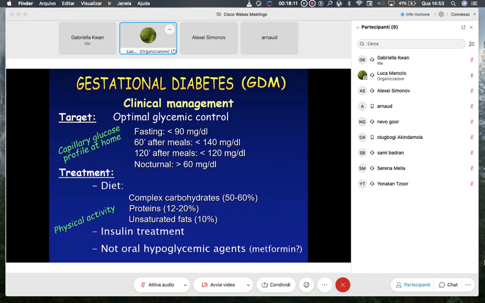Usually we use fast insulin before meals and slow insulin.